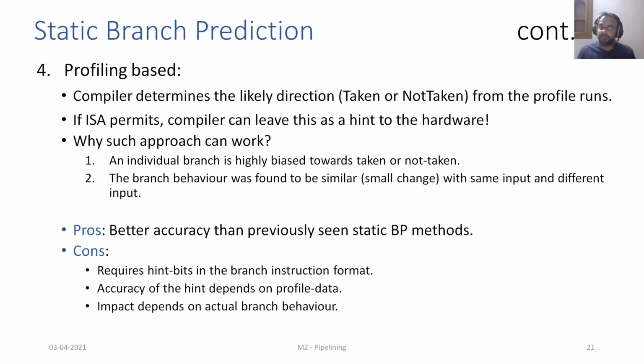So static branch prediction, in summary, will not be adapting or learning at runtime. Because of that, the static branch prediction mechanisms were discarded, and more sophisticated dynamic branch prediction mechanisms were proposed.